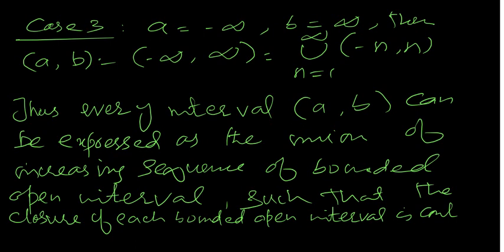And when you vary n from 1 to infinity, you get a countable union of finite sets, because at each stage you have a finite set of points of discontinuity. A countable union of finite sets is again a countable set.